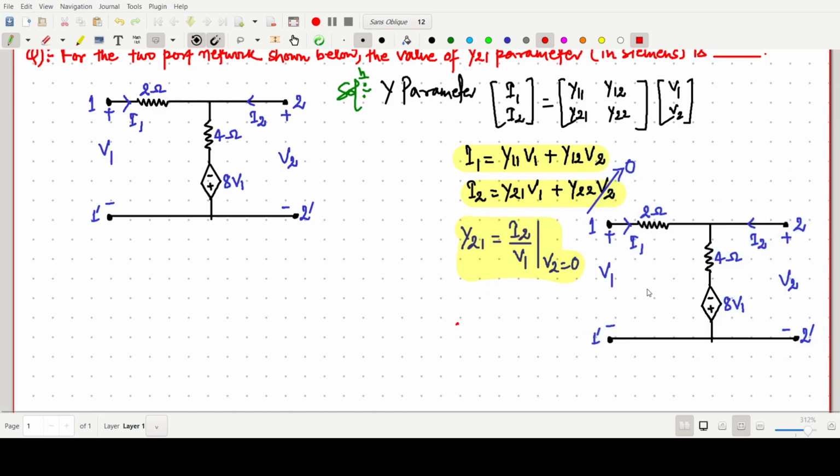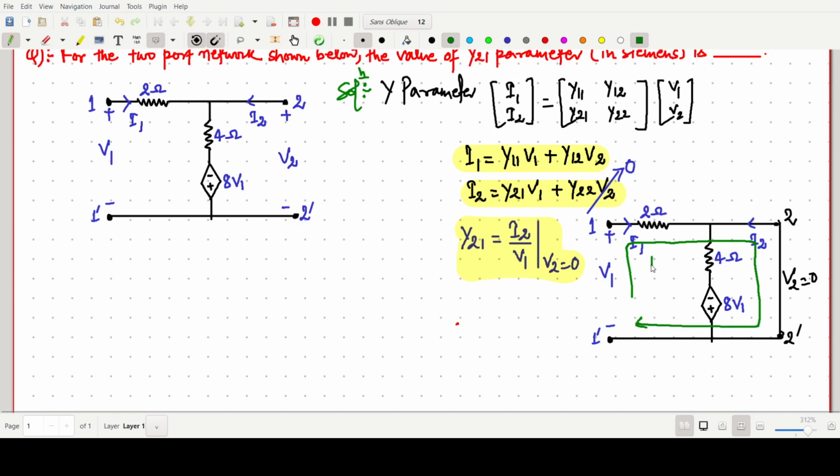I am eliminating this side and making this a short, meaning V2 will be 0, the voltage is now 0. So now the first thing we have to find is I2 by V1. First we are applying Kirchhoff's voltage law in this loop.